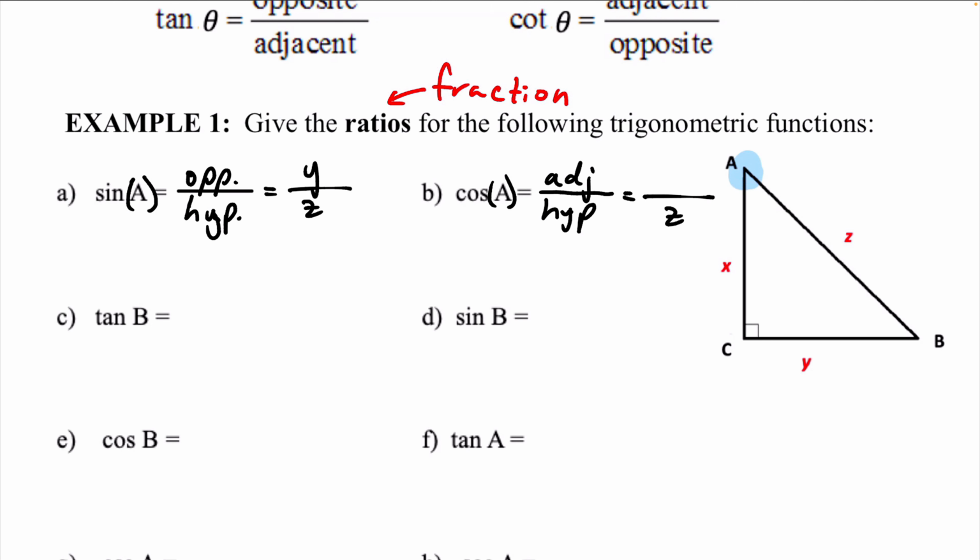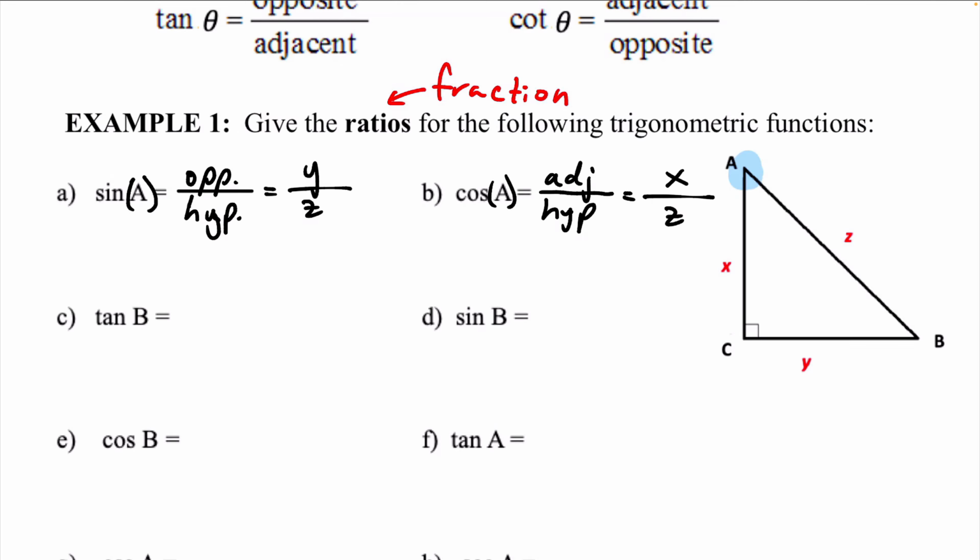X, because Z's already got a name. It's the hypotenuse. So even though that does touch A, we're not going to use it because it's already got a name. So we put X. Y does not touch A. It touches C and it touches B, but it doesn't go all the way up there. It's opposite. That's the way I like to think about it.